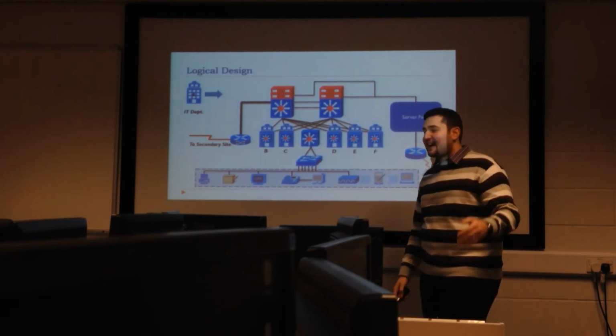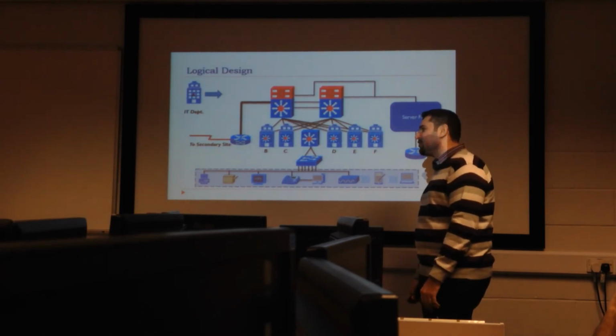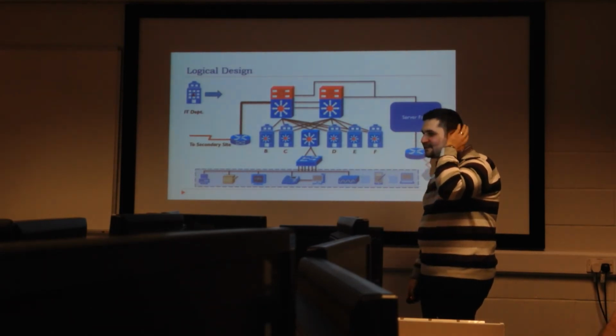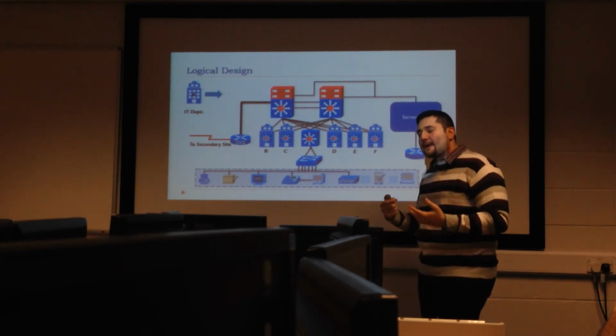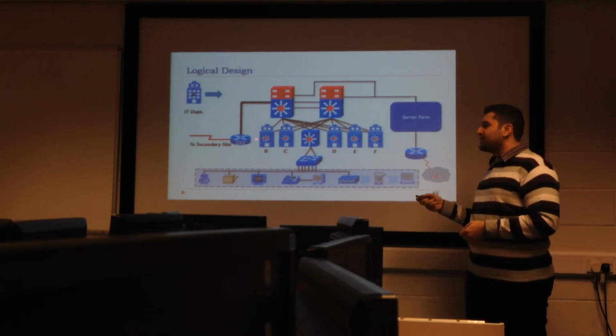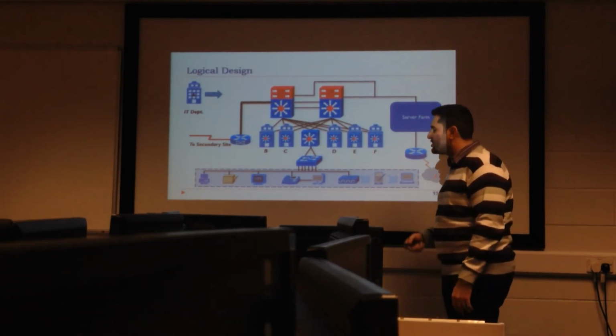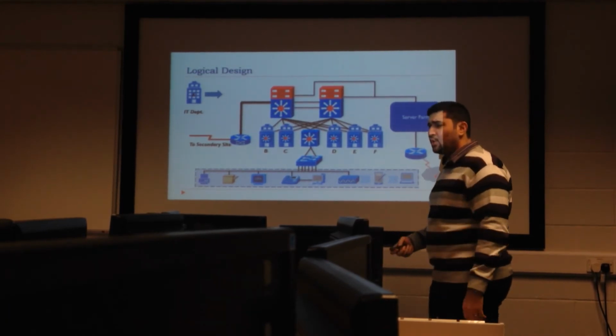The guys before put two switches in each building. I will not go that way because I think it would be really high in cost. I will keep just one. I will try to think about some kind of redundant path for the switches, but I would stick to one switch in each building.